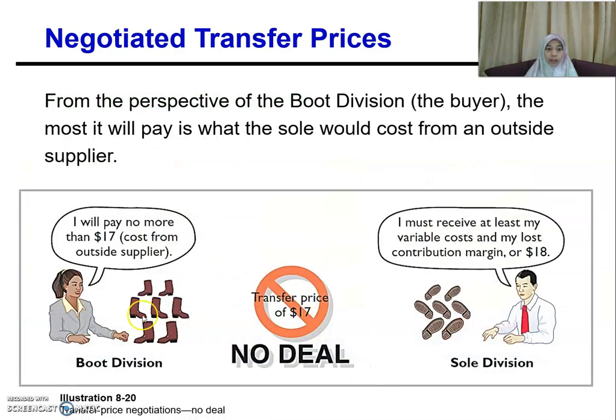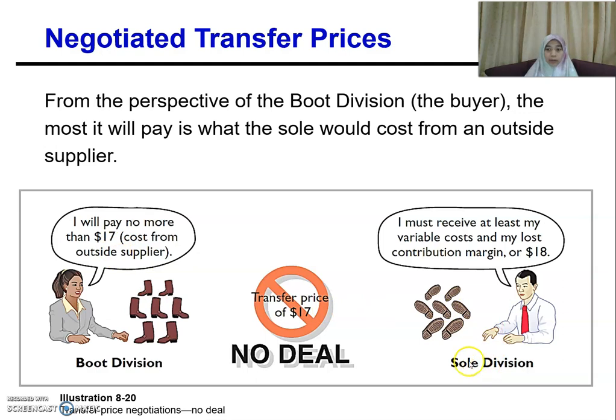For the buyer, the boot division, I will pay no more than 17 because that's the cost from the outside supplier. But now you want to sell me at 18, so the boot division would say she doesn't want to pay anything more than 17 ringgit.